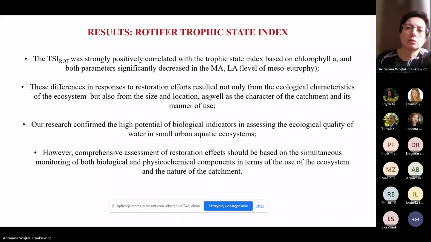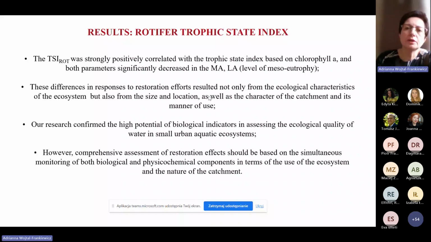Urban reservoirs are more exposed to anthropogenic pressure than natural lakes, and therefore monitoring with the use of bioindicators sensitive to the deteriorated trophic status, such as rotifers, should be particularly recommended here.